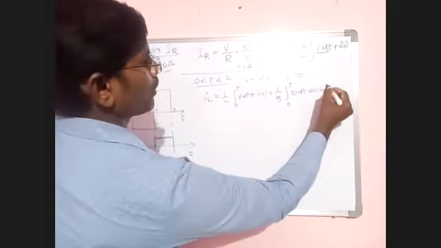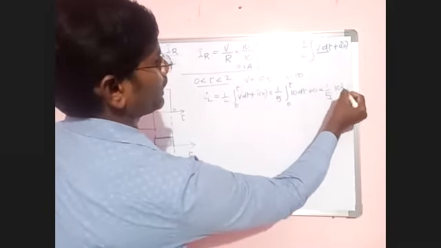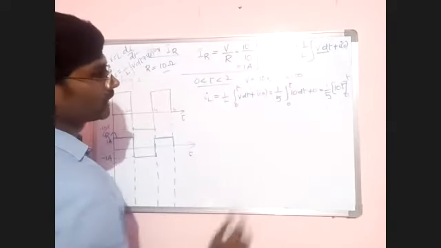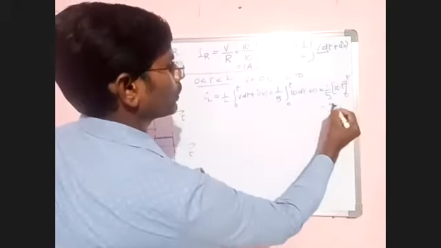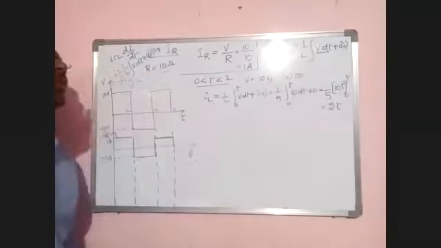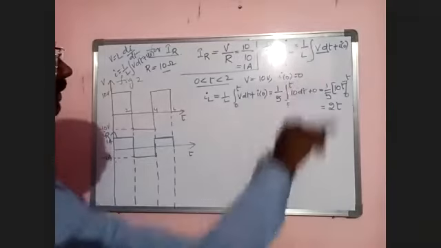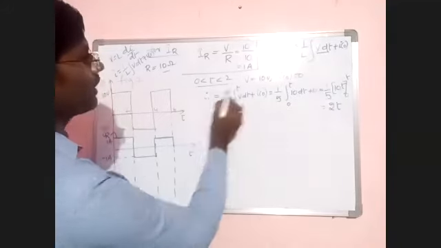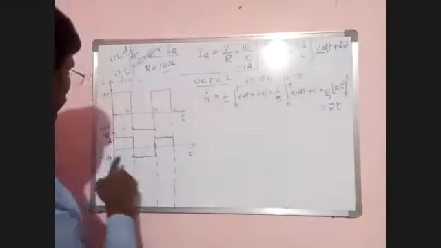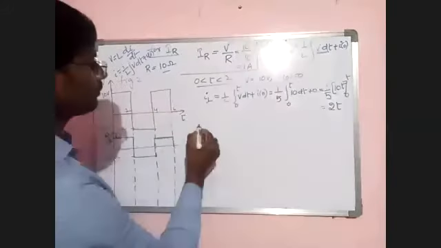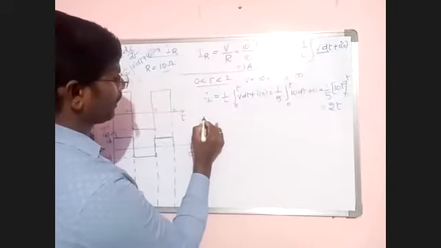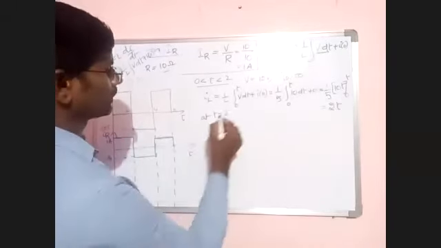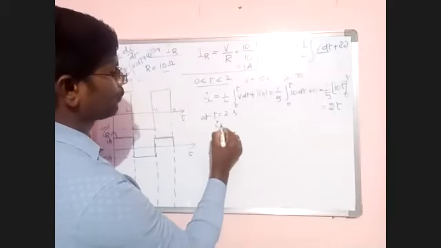This gives 1 by 5 into 10t, which is 10 by 5, so 2t. Now we know the value of I L at 0 and at the upper limit. At t equal to 2 seconds, I of 2 is equal to 4.